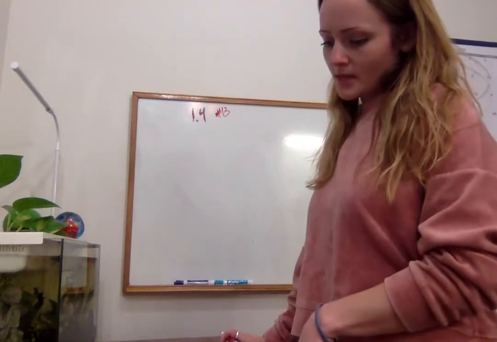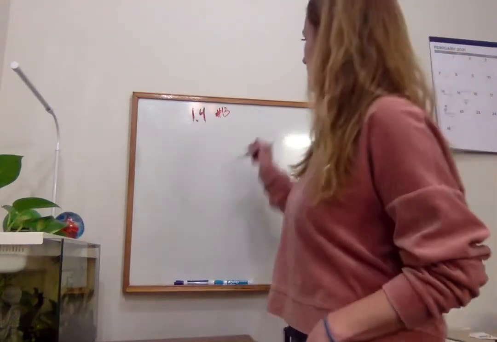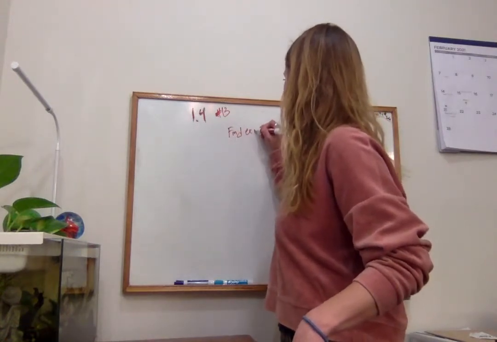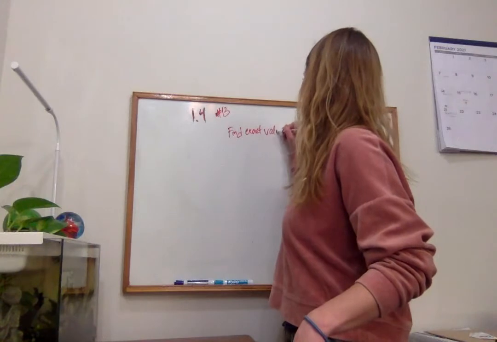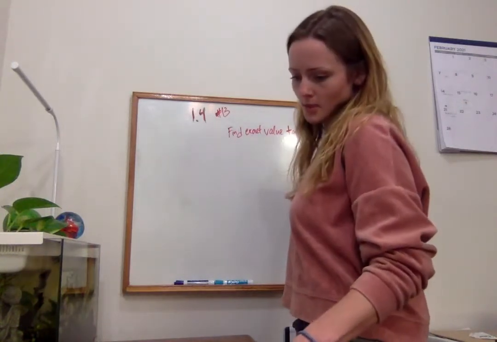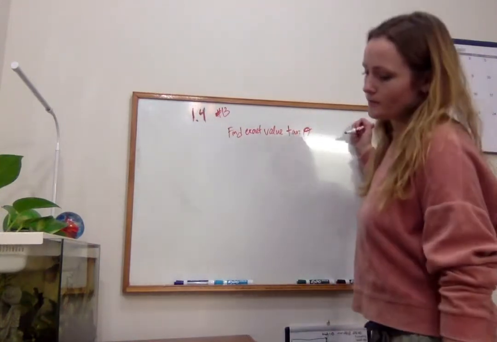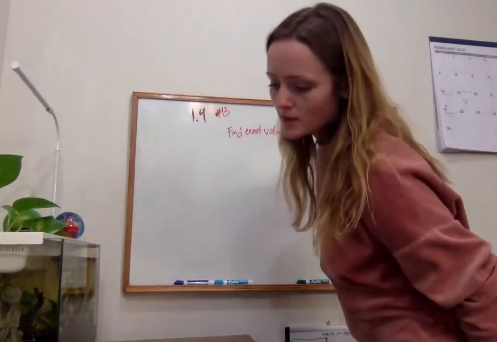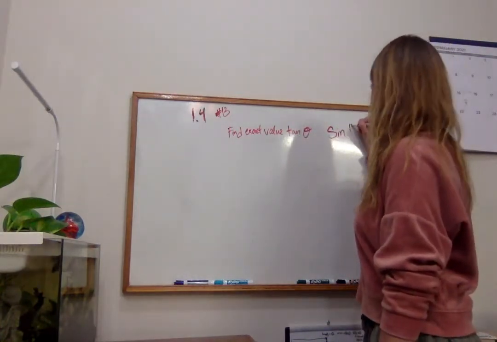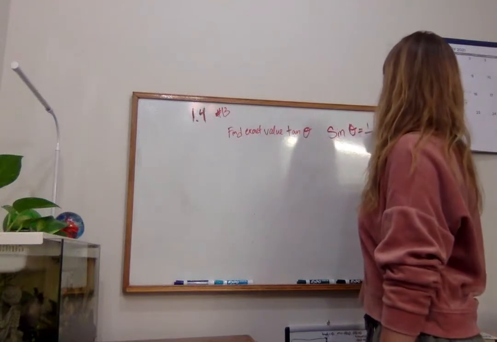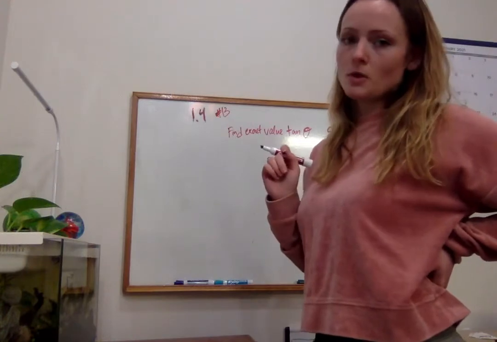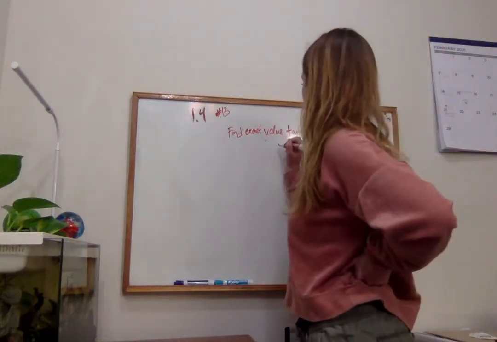It says find the exact value of tangent theta given that sine of theta equals 1/6. Okay, and theta is in quadrant 2.